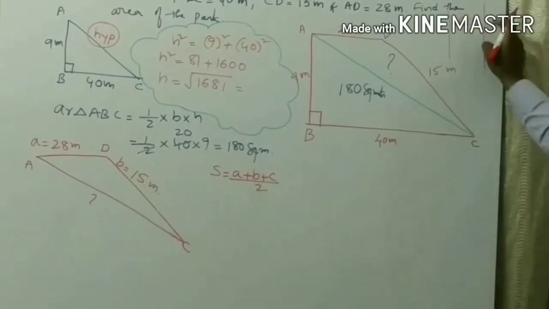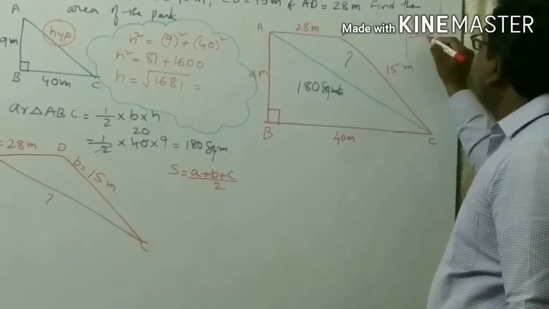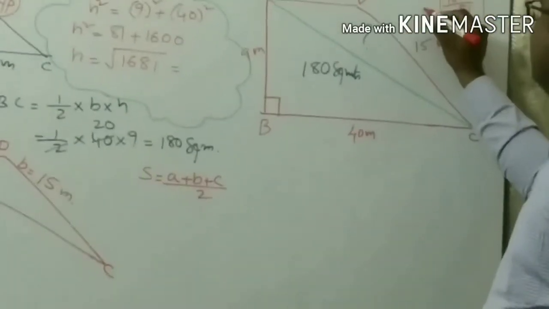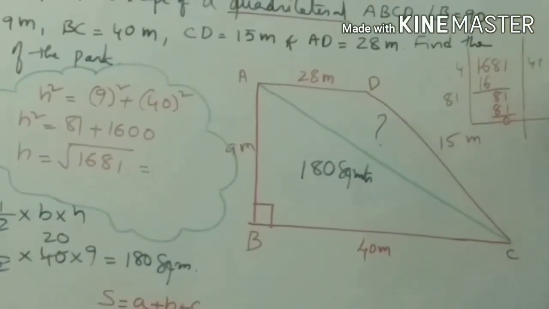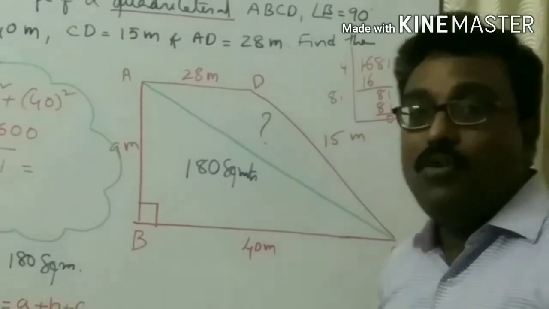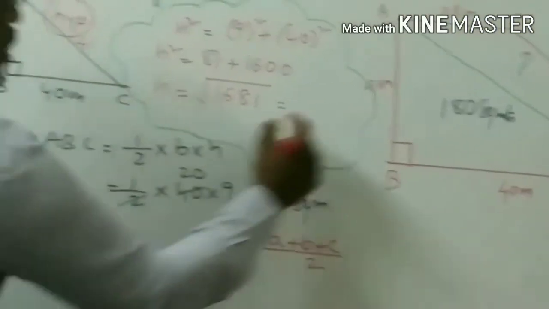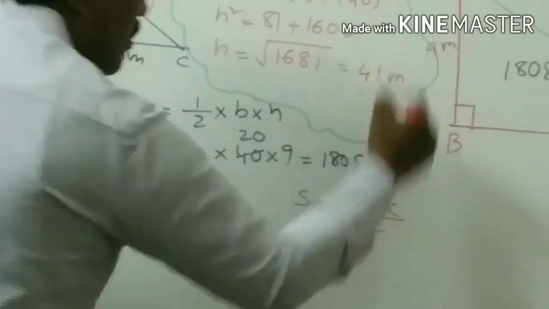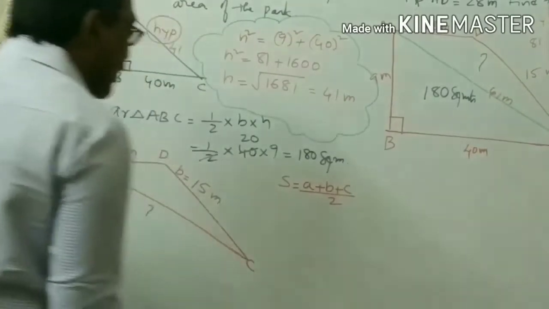I am doing the root by using the long division method. 4 4s are 16, 81, 4 double is 8, 1 times 81. So what is the root? 41. So the hypotenuse is 41 meters. So this side is 41 meters, we got it.